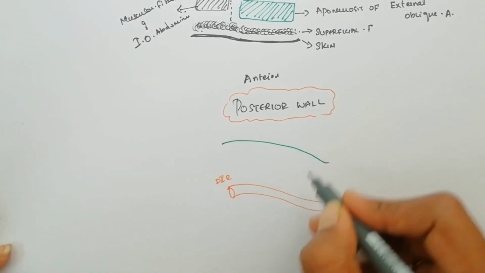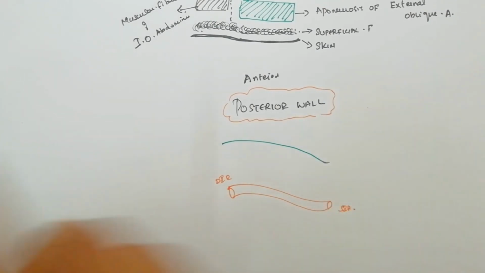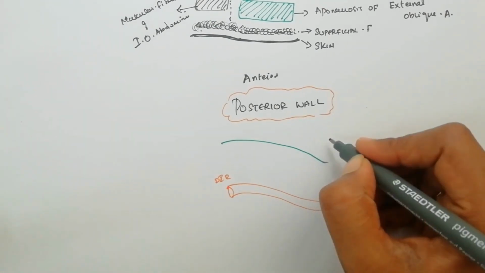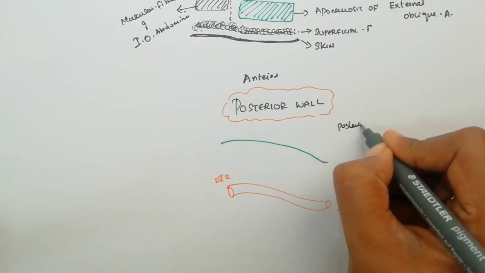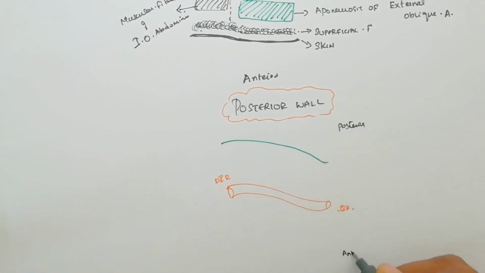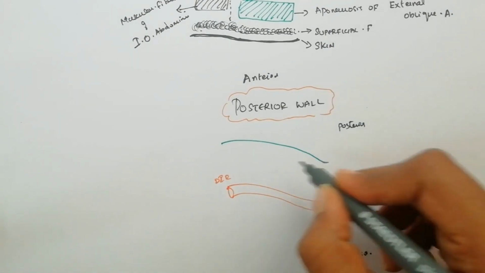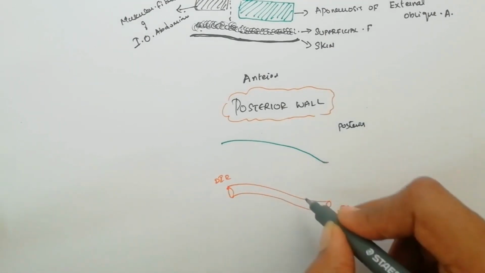Here we have the posterior part, and here we have the anterior part. The anterior we have dealt with already. Now we are talking about the posterior wall of the inguinal canal.